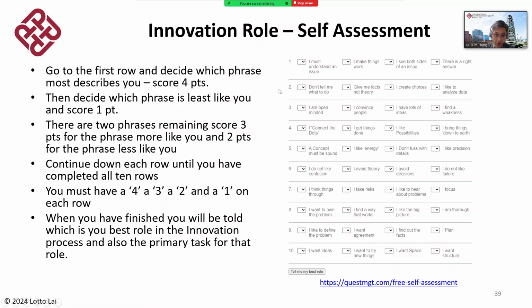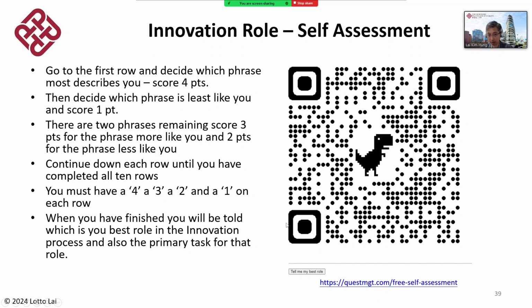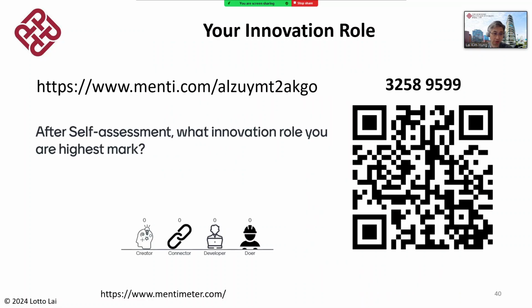Continue to do the 10 questions, and each time you must also identify 4, 3, 2, 1. Finally, it will tell you which role you are most likely in. You can also use a QR code to scan and test yourself. After that, you can use this QR code to do the survey.